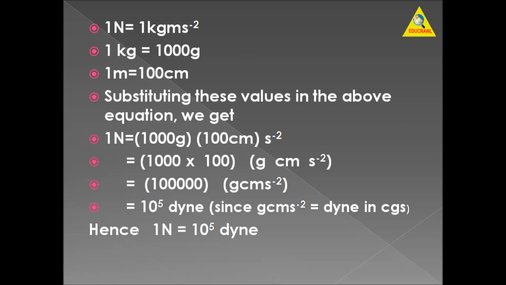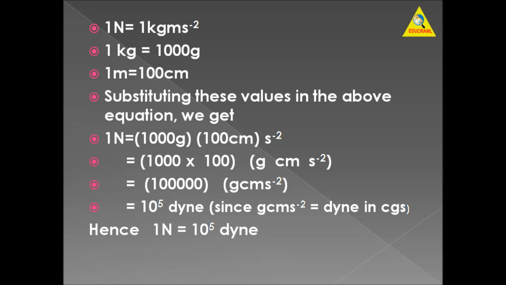Once again I repeat, kilogram is the unit of mass, meter per second square is the unit of acceleration and Newton is the unit of force. So 1 Newton can also be expressed in kilogram meter per second square.